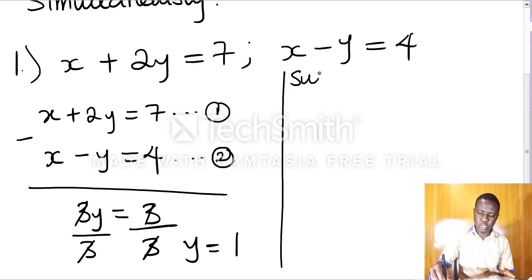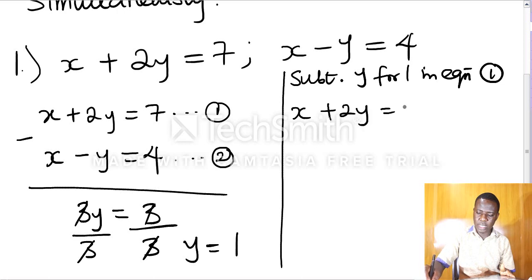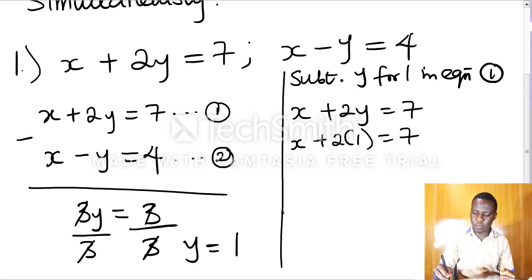So I will say substitute y for 1 in equation 1. And equation 1 says x plus 2y is equal to 7. So wherever you see y, replace it with 1. This becomes x plus 2 into bracket 1 is equal to 7.